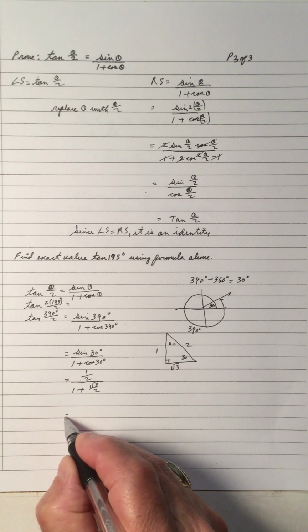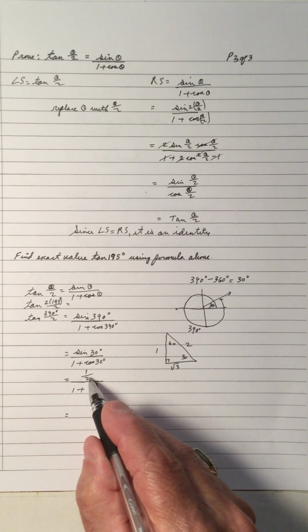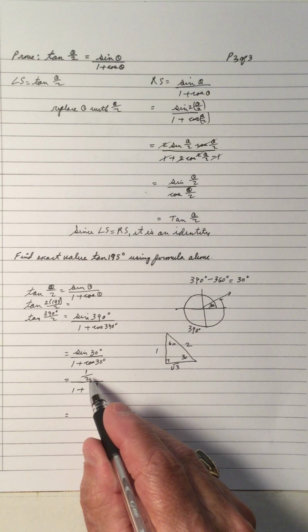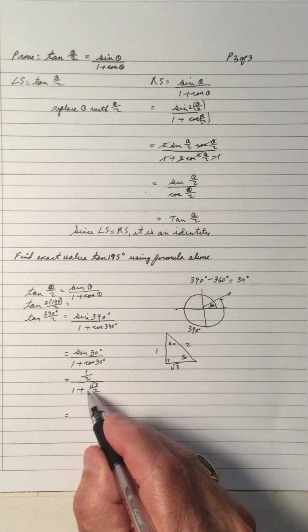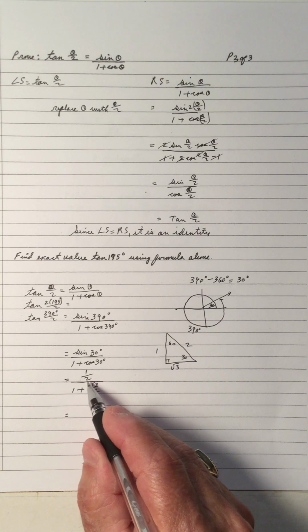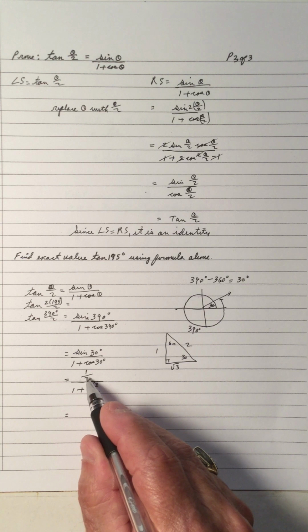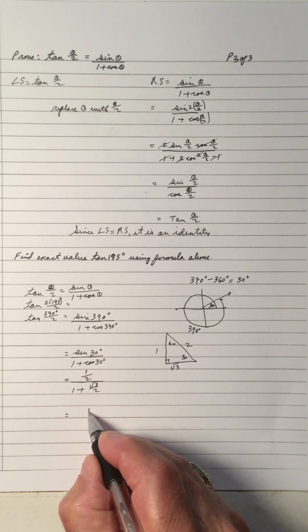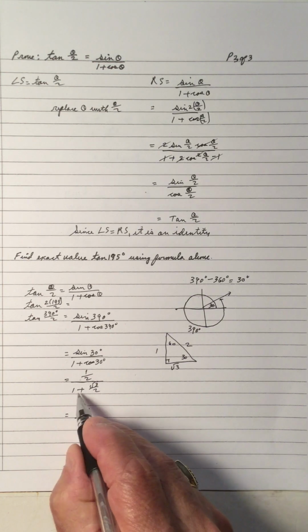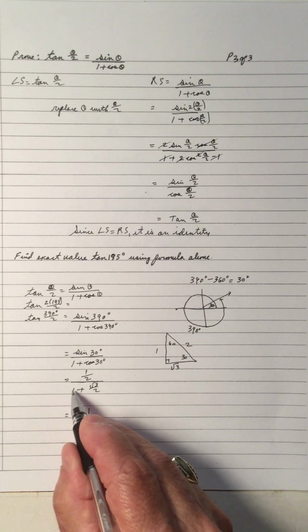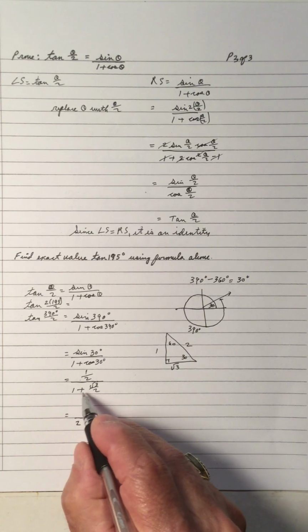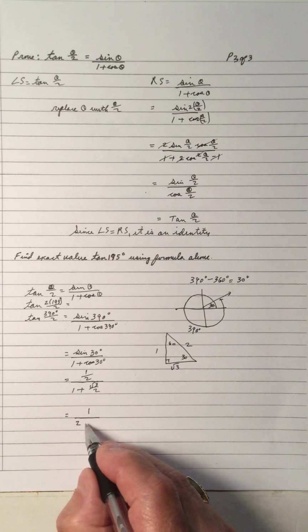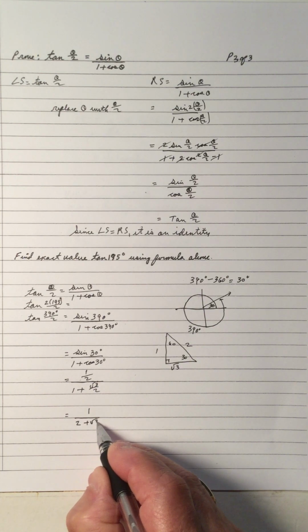And we got a complex fraction, fractions on the top and the bottom. So the common denominator is 2, so I will multiply the 1/2 by 2 to get a 1. And I multiply the denominator by 2, so 1 times 2 is 2. And 2 times root 3 over 2 is root 3.